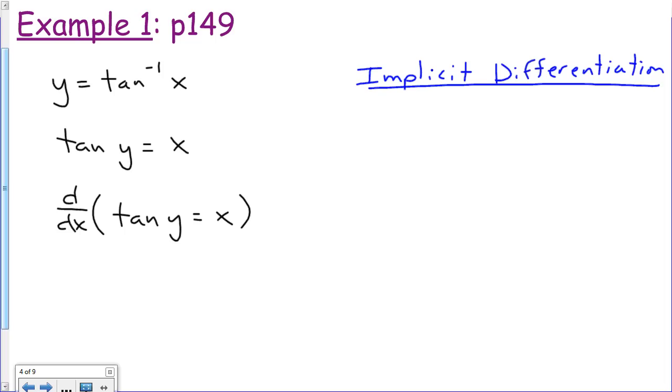But I just want to refresh your memory on a couple of things to remember with implicit differentiation. If you take the derivative of x with respect to x, that's d dx of x, you can move that x into the numerator and write this as dx over dx, which of course is equal to 1.